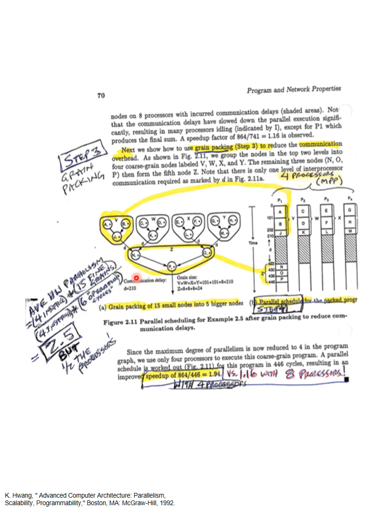And we'll do a comparison of all of them in a minute below. And then here the speedup is 864 over 446, which is 1.94 with 4 processors versus 1.16 with 8 processors. So that's comparing the single issue 1 processor case to this 4 processor case.